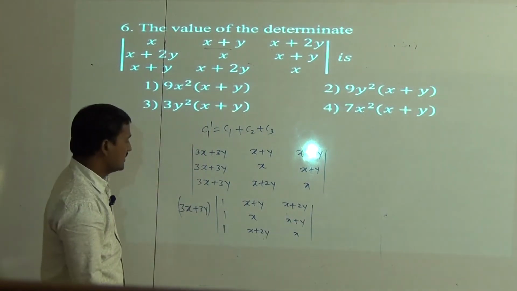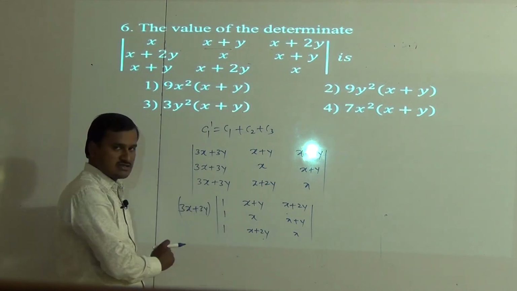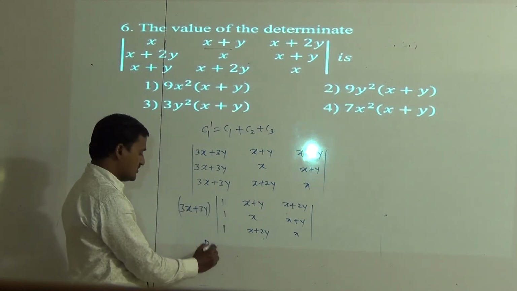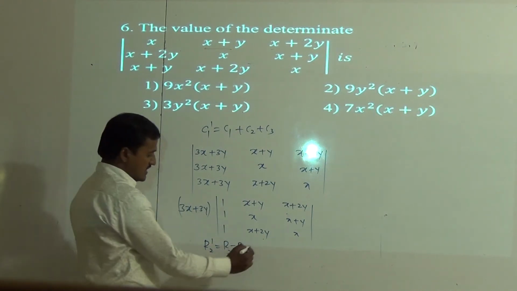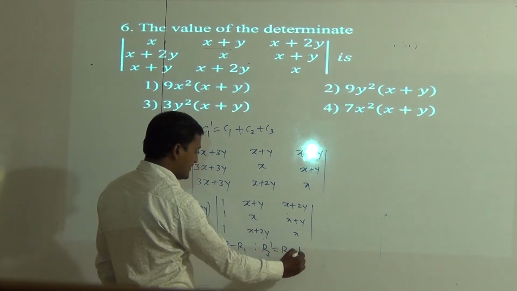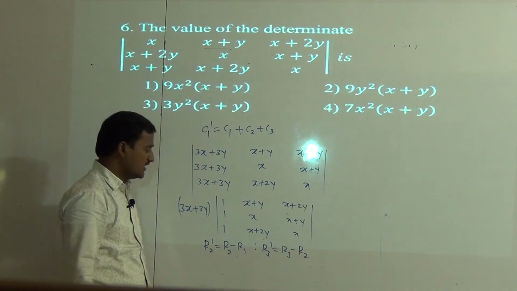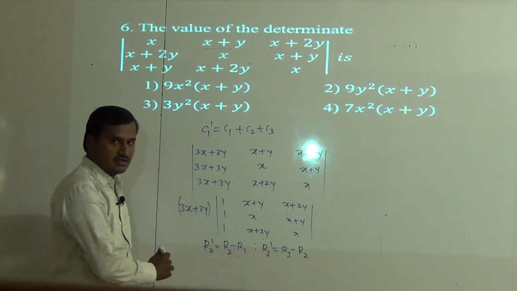Okay. Now I will make this element 0 and this element also 0 by applying the operations R2' = R2 minus R1, and similarly R3' = R3 minus R2. Now I will make these elements 0 by applying these two operations.